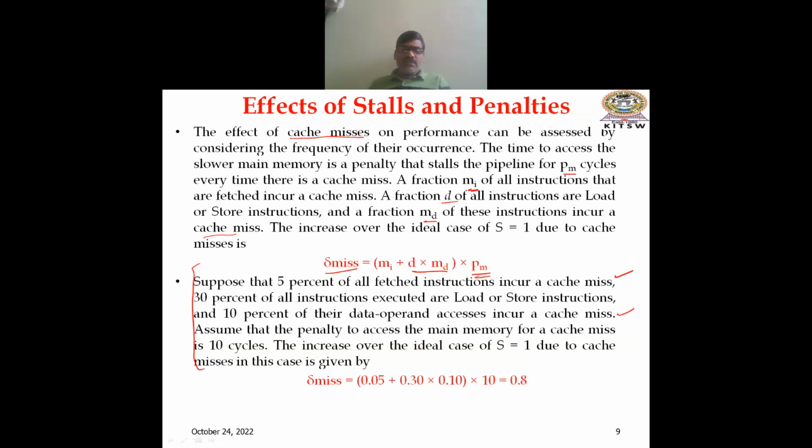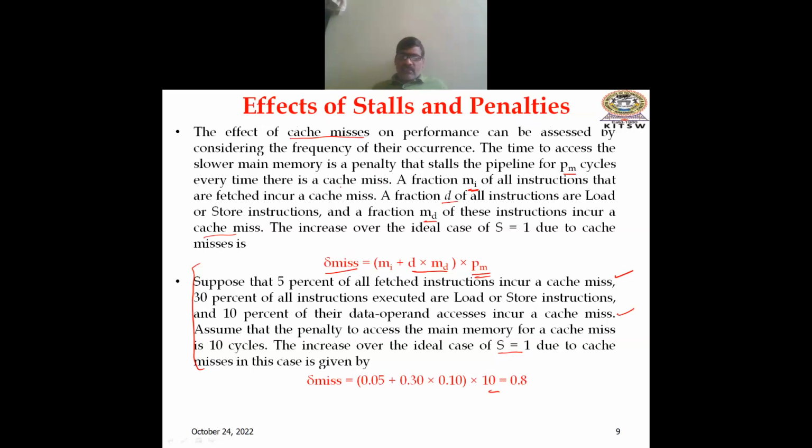Then the increase over the ideal case of S equal to 1 due to cache misses is given by delta miss equal to 0.05 plus 0.30 into 0.10, all into 10, since the pipeline stalls PM cycles every time there is a cache miss.